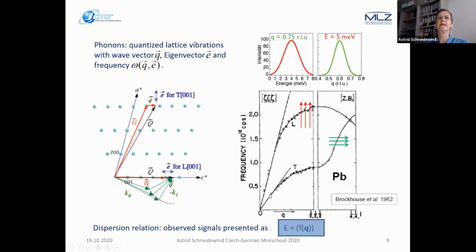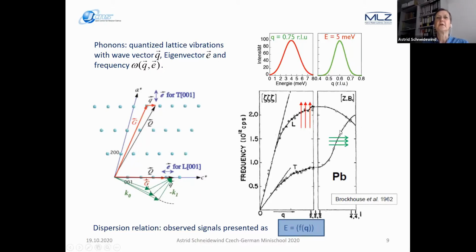And performing these scans, you can either do scans along q with a constant energy, which hopefully gives you this nice Gaussian peak, and every maximum of the Gaussian peak now gives you one point in this dispersion relation, which is finally the energy over Q.